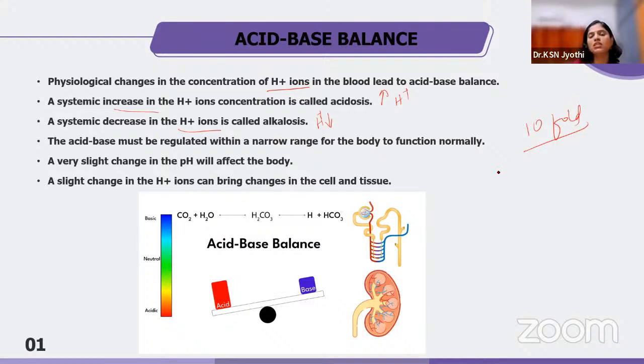Generally, the entire story of acid-base balance in the body runs around this: carbon dioxide, H plus ions, bicarbonate ions. This is the strongest buffering system that works in your blood, called the bicarbonate carbonic acid buffering system. There are various stages in which this acid-base balance is maintained in the body.